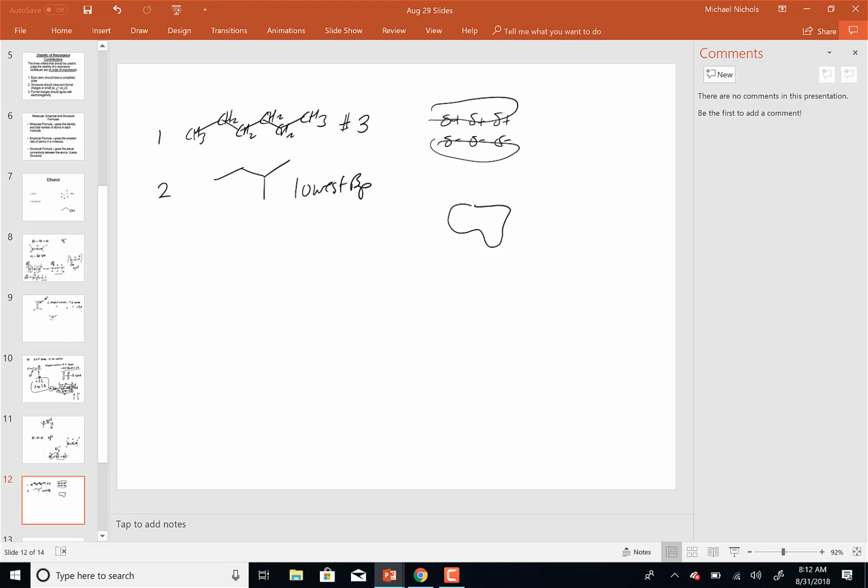But now when we go to a dipole force, like we said this one only has dipole forces. First of all, we should identify why it only has dipole forces. First of all, it's a polar molecule. When I look at this molecule, I see the CH3 group is nonpolar.